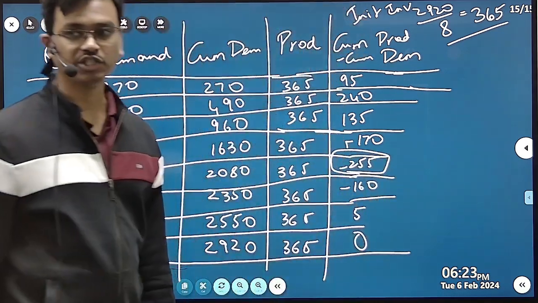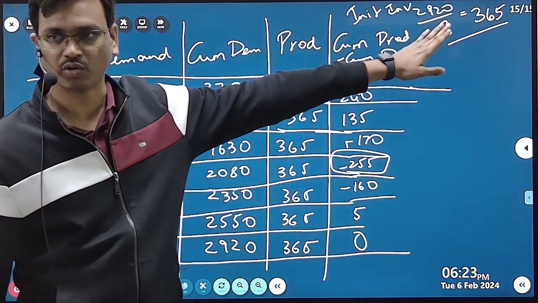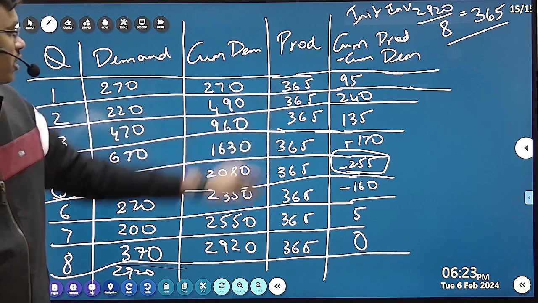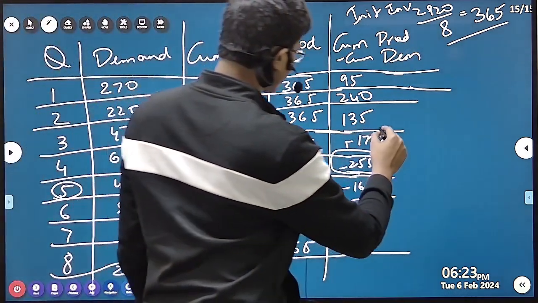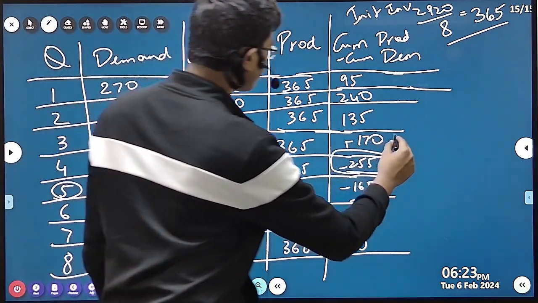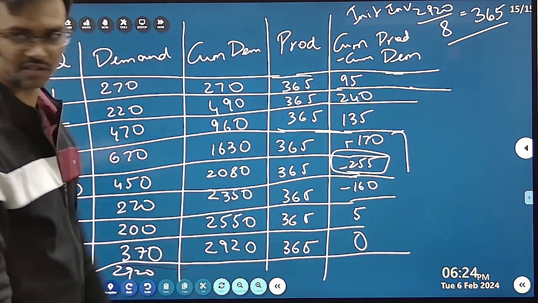That means if you keep the inventory at 0 and start producing 365 units from the first quarter, with the inventory left you will not be able to fulfill the orders from quarters 4, 5 and 6.